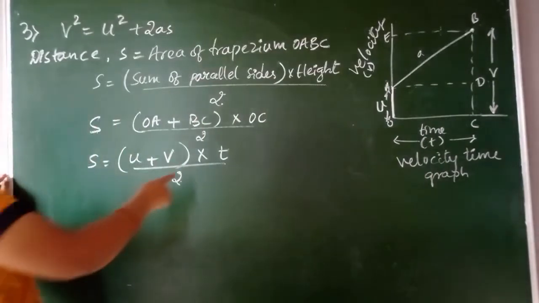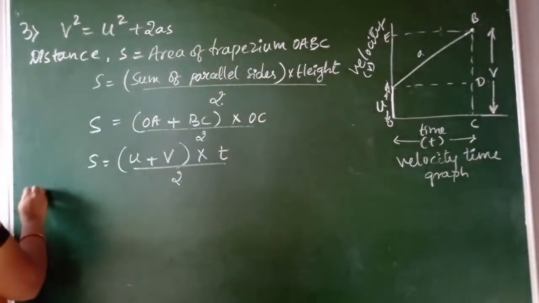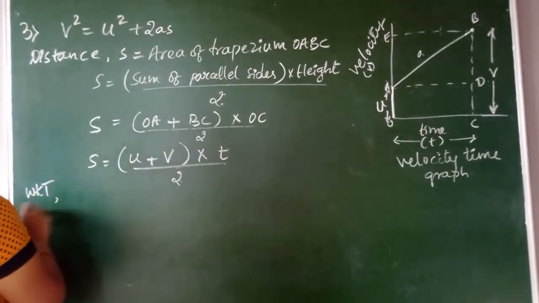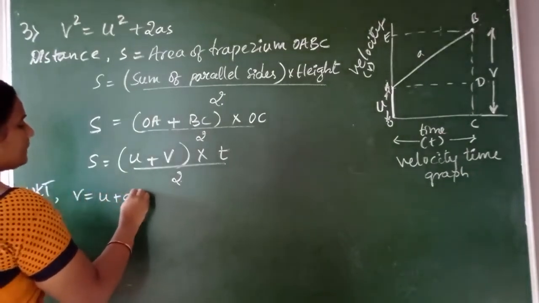We want to remove this T value, children. From equation of motion first one, we know V equals U plus AT.